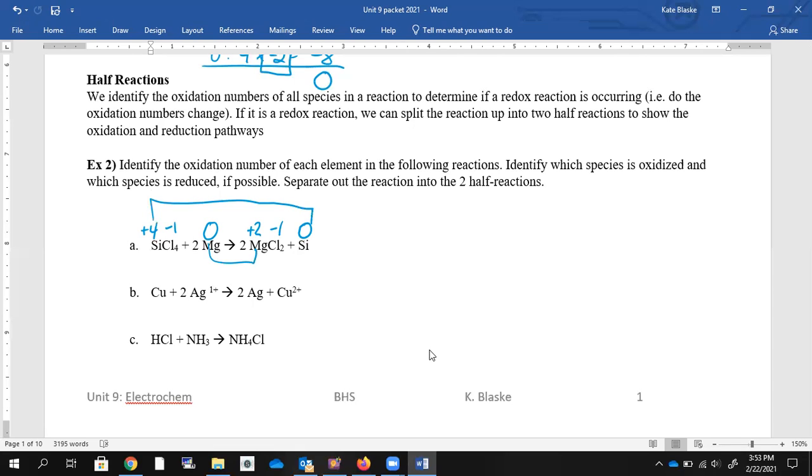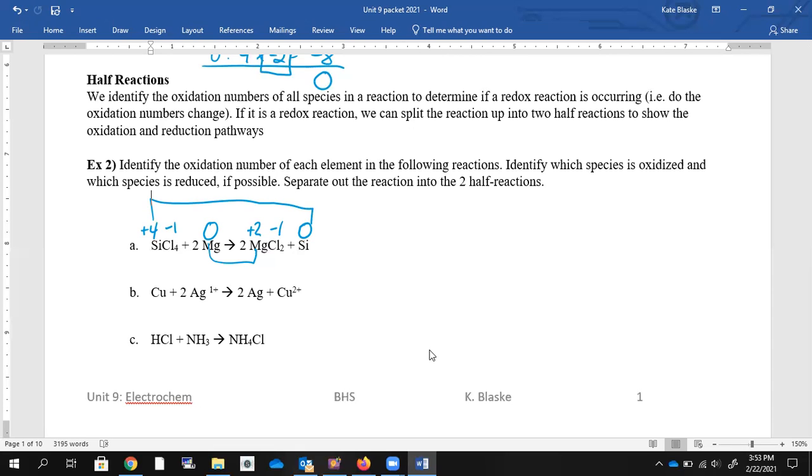So silicon going from a +4 to a 0. We need to figure out whether this has gained electrons or lost electrons. Now remember that electrons have a negative charge. So when we think about going from +4 to 0, we're going, did that become more negative or more positive? In this case, that became more negative. Again, think about number line. It's not actually going negative, but it's going more towards the negative side.